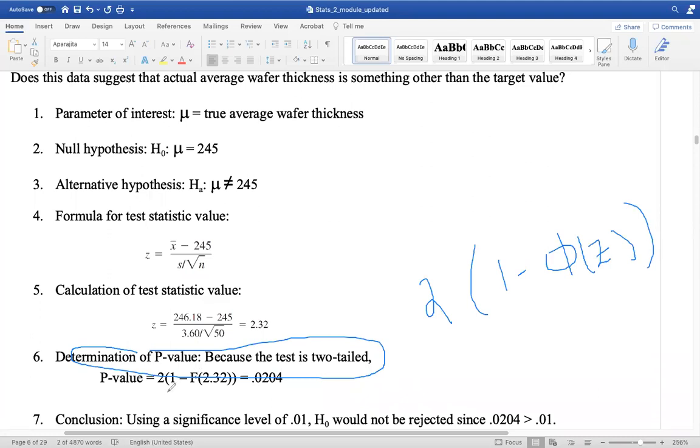So here it is 2 into 1 minus, okay, the value we got is 2.32. 1 minus 2.32. So guys, can anyone tell me what is the value of this one? Is it correct or not?